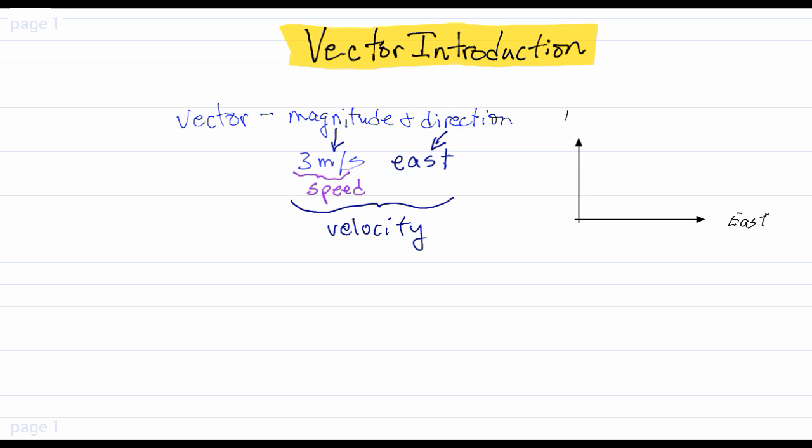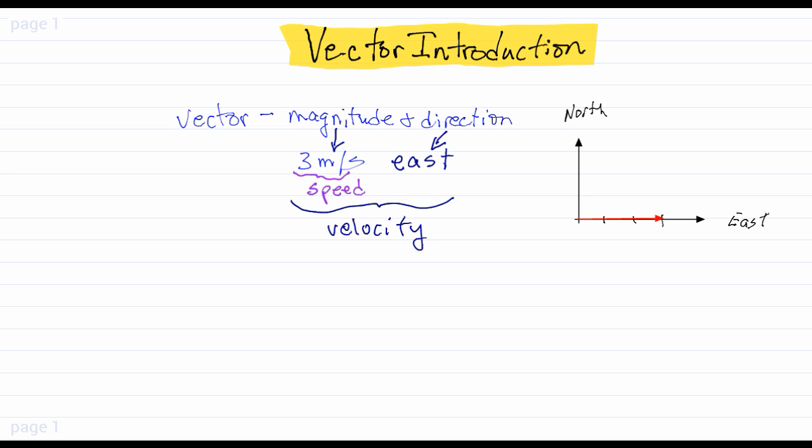So upwards is north, and this velocity which we have has magnitude. Now the magnitude is represented by the length of a vector. So I know it's 3 meters, so I'm going to let each of these segments equal 1 meter per second. So we can draw this vector in the following way. It is an arrow which stretches out a distance of 3 meters per second on this coordinate system.